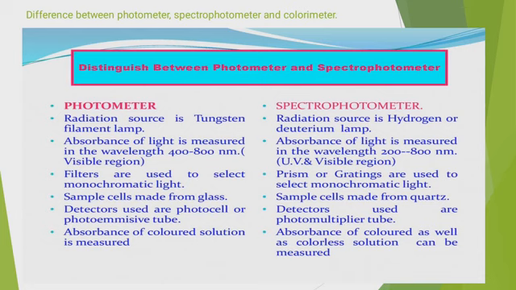The radiation source in the photometer is a tungsten filament lamp, and in the spectrophotometer it is a hydrogen or deuterium lamp.